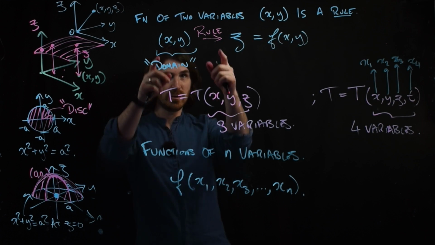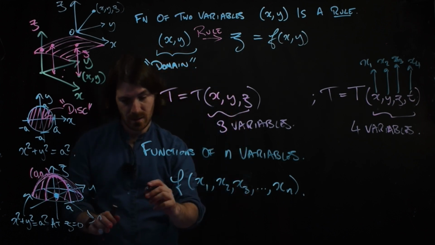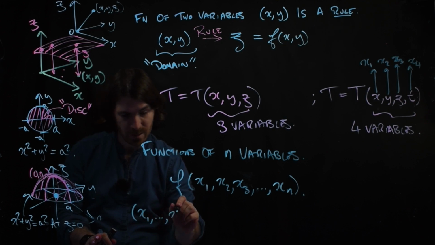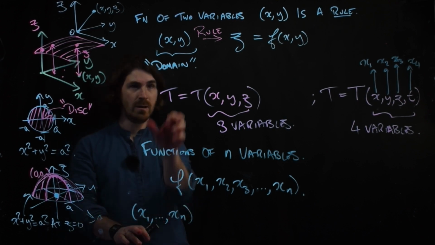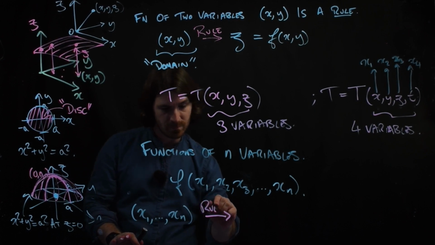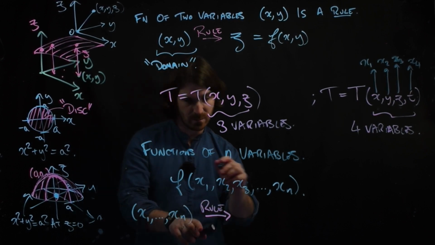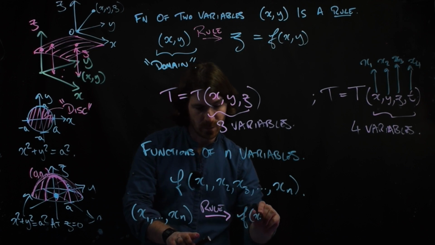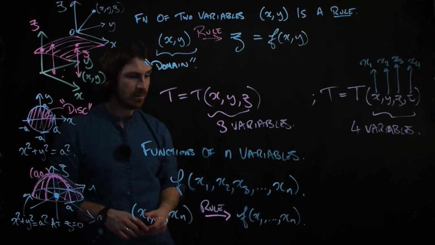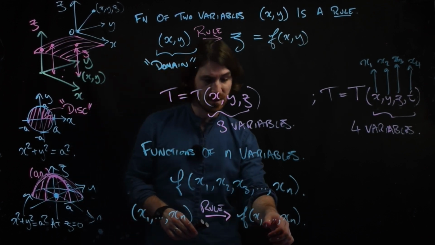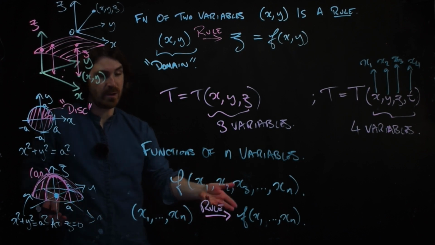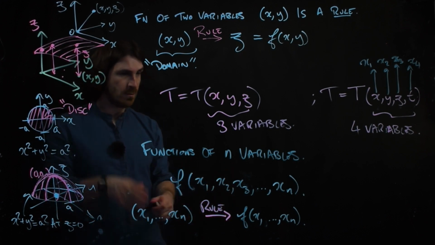Similarly to above, this thing just takes a collection from x1 to xn and assigns a rule to give us f of x1 to xn. And similarly to before, this could be defined in terms of a formula or by some other means.